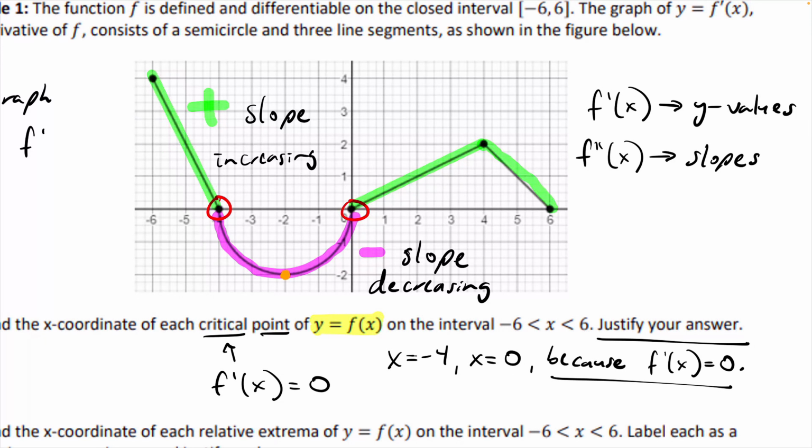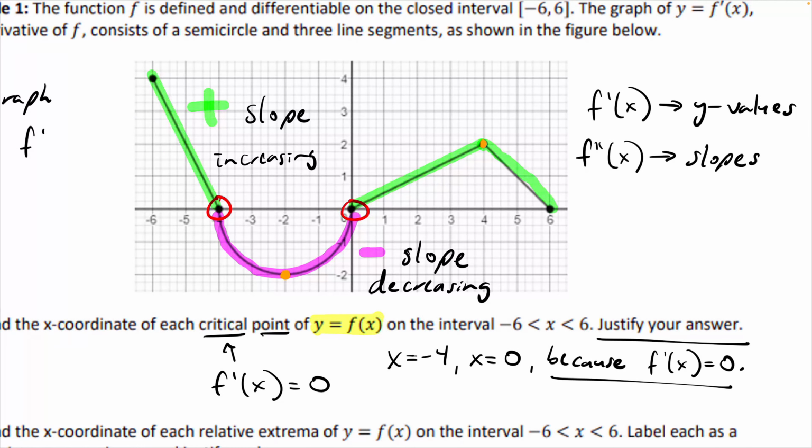So negative 2 is one of them. And positive 4 is another one. Why positive 4? Because that is a corner, a cusp point. So negative 2 is when the top equals 0. Positive 4 is when the bottom equals 0.